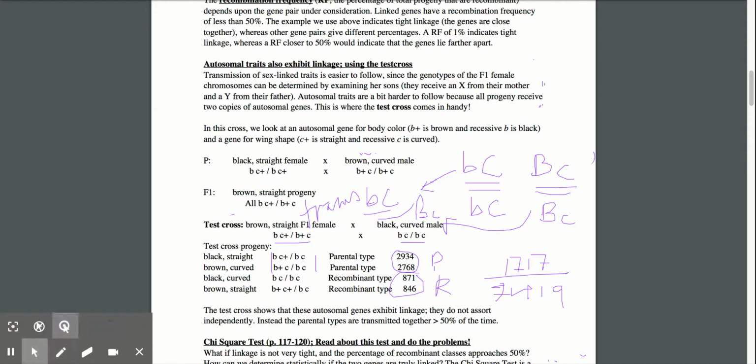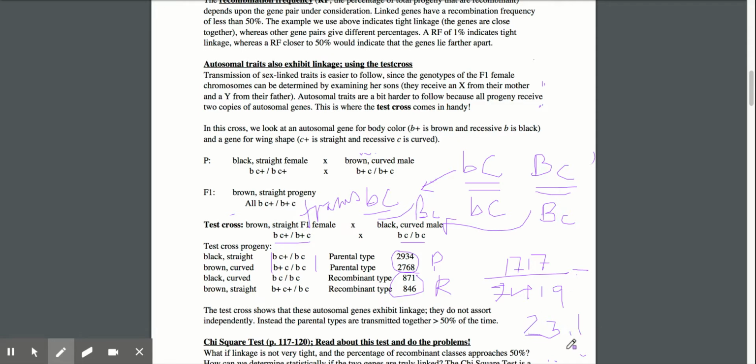Now let me get the calculator back out here. So 1717 divided by 7419 times 100 is 23.1%. Come on, show up.